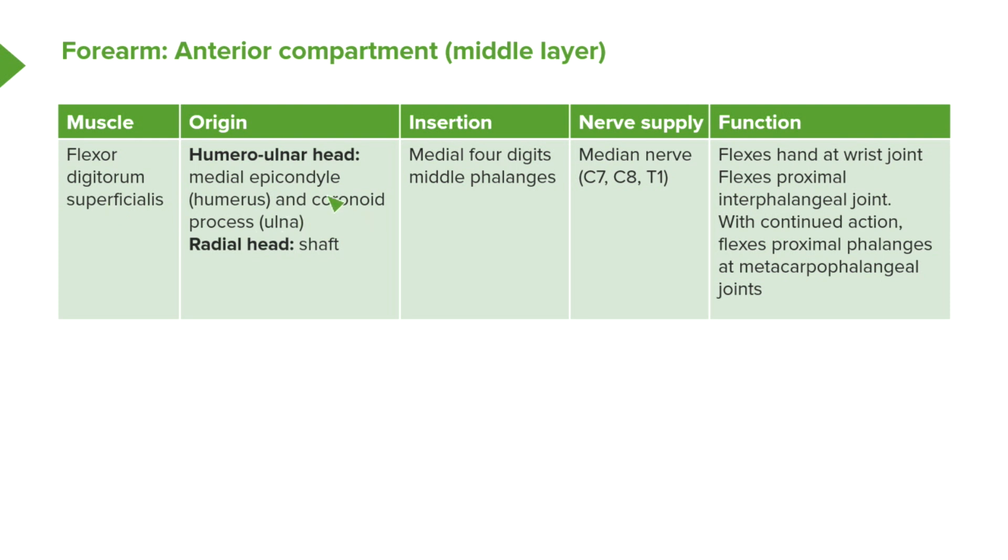It has a humero-ulnar head, which is coming from the medial epicondyle and also from the coronoid process. So it has a part coming from the humerus, the medial epicondyle, and a part coming from the ulna, the coronoid process. It also has a radial head, and it's coming from the shaft of the radius.